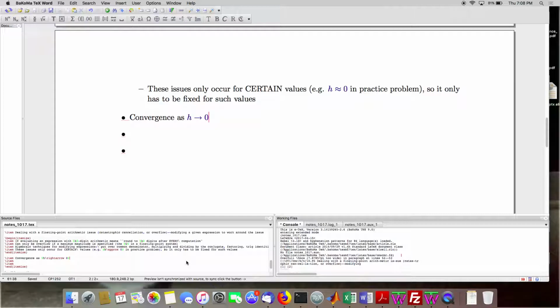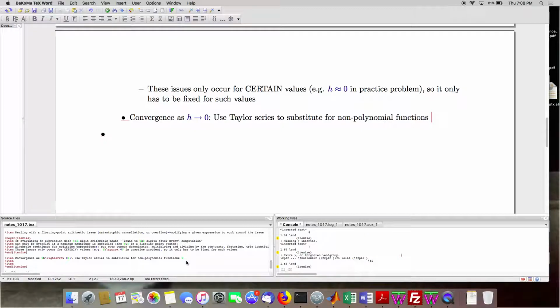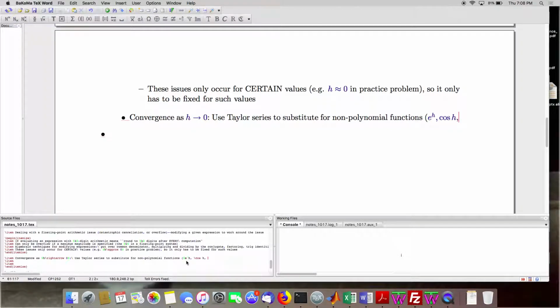Okay, so what happens in that case is, basically you use Taylor series to substitute for any non-polynomial functions, such as e to the h, cosine h, sine h.